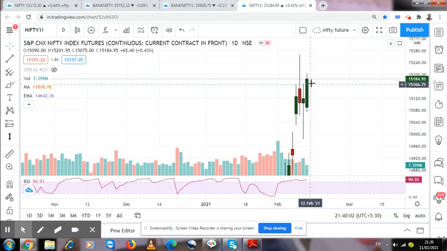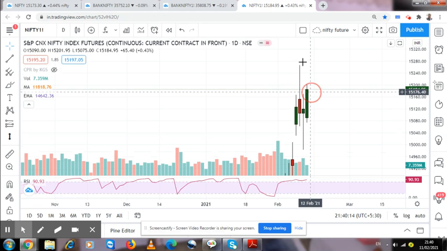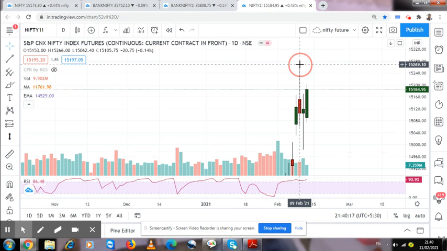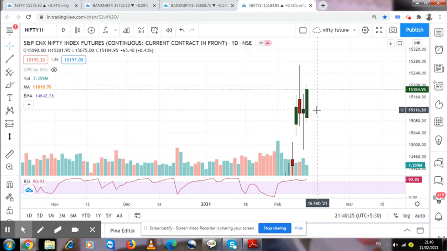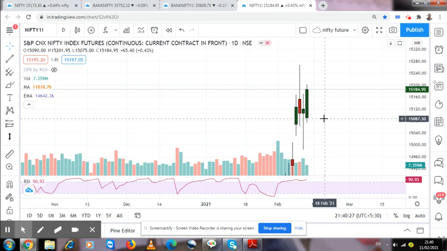So what is the probability going to happen tomorrow is that if price opens here, above this candle at 15,184, then we need to see this level, 15,269 points. If it crosses, then we are going to hit the higher levels in the coming trading session.